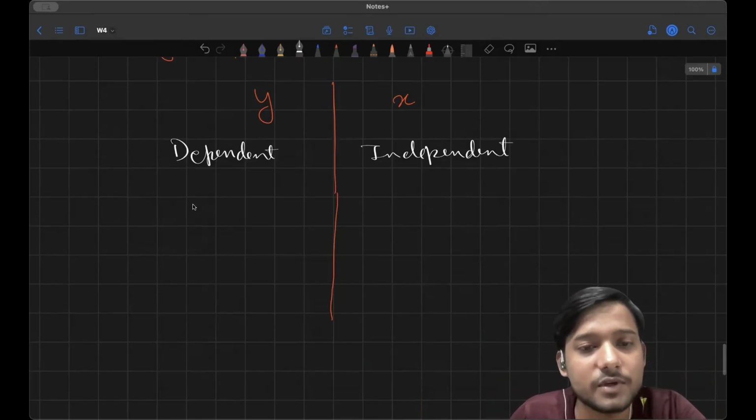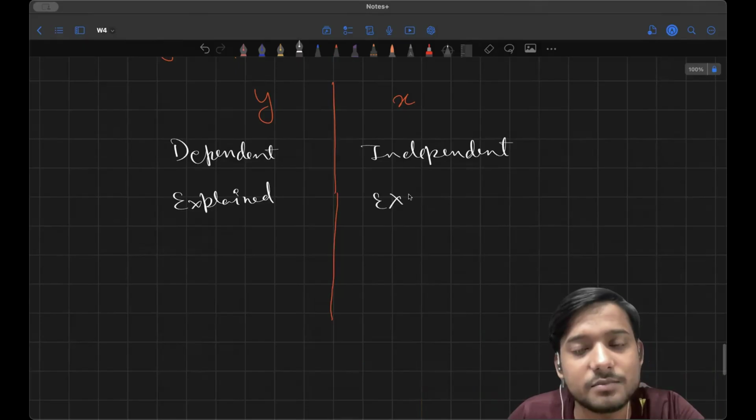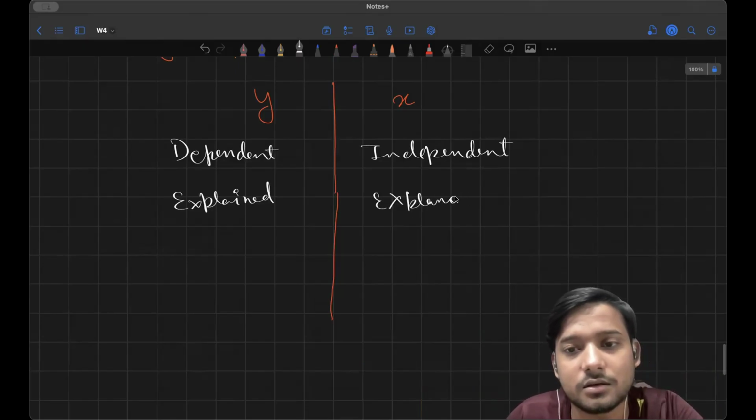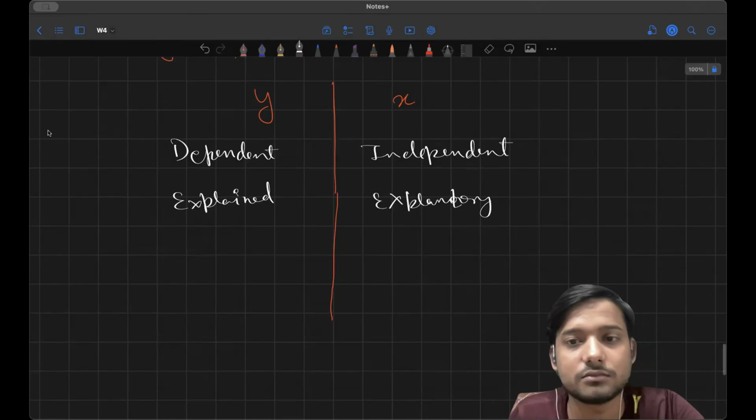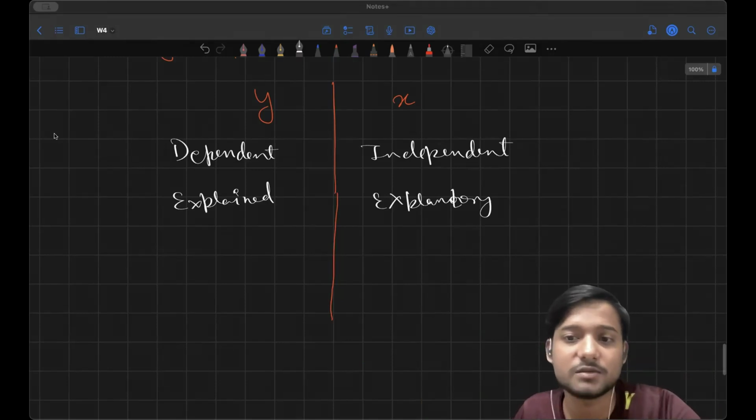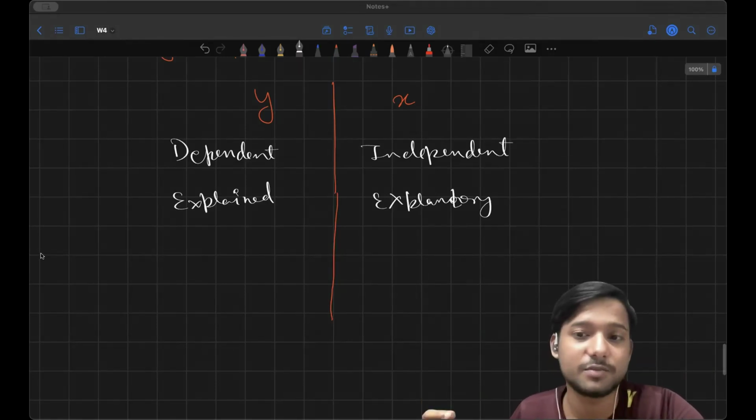Then we have explained, and this is explanatory. Then we will have independent, dependent, explained, explanatory, predictor, predicted.